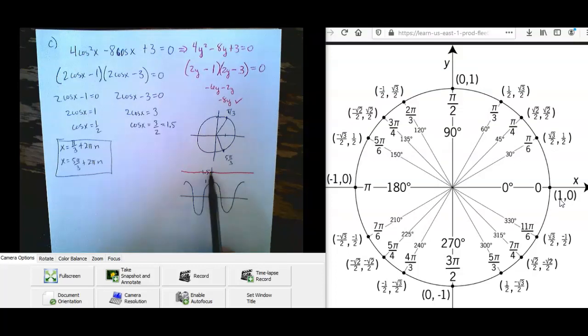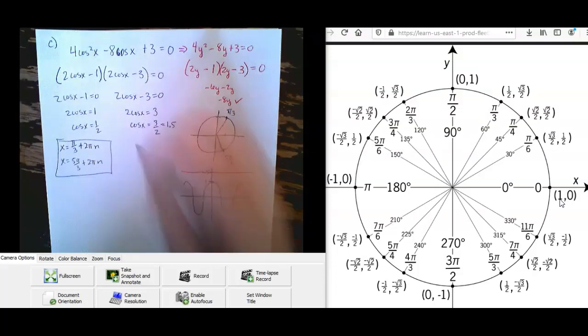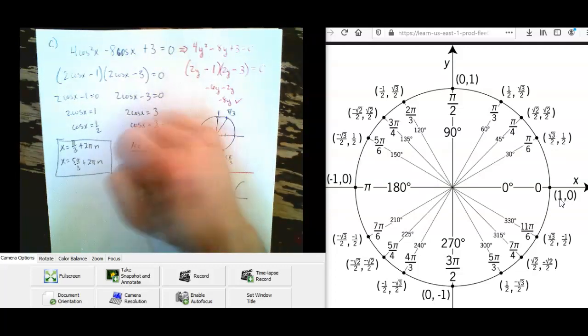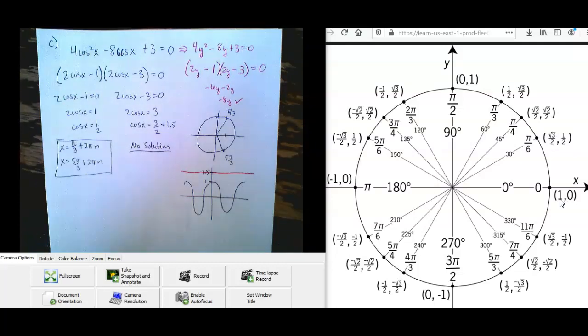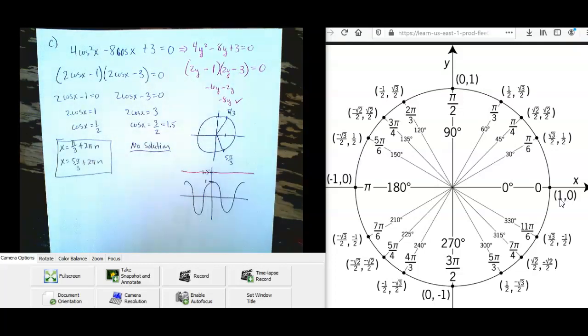So any number that we're setting it equal to that's outside that range, we have no solution coming from that. No solution from this one, okay? So once again, 3 halves is too big. Remember, the cosine can only be a number between 1 and negative 1.